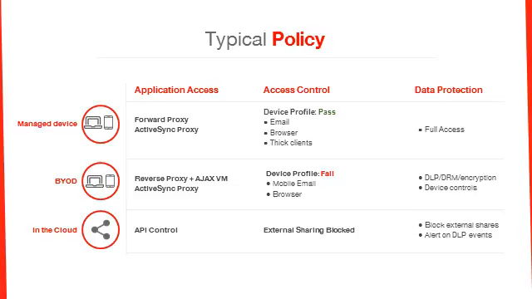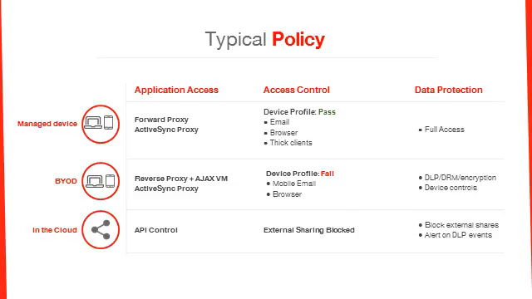So on a managed device, you probably want to allow more access because you, of course, have more control over a managed device. So you can allow things like thick clients, email, access to documents within the browser, that sort of thing. And here you're generally allowing full access to these files on your cloud application, right?